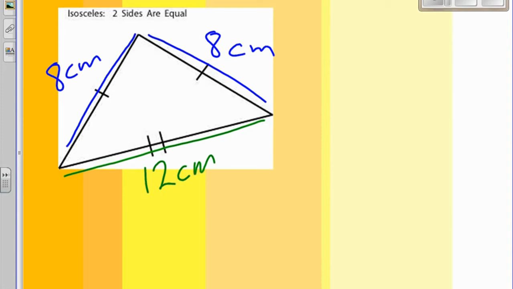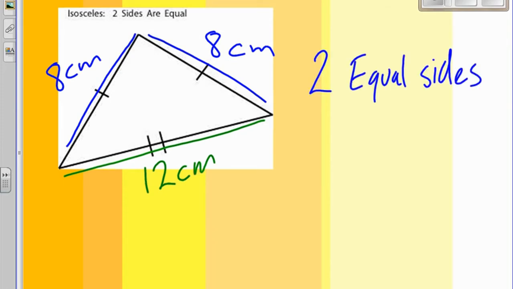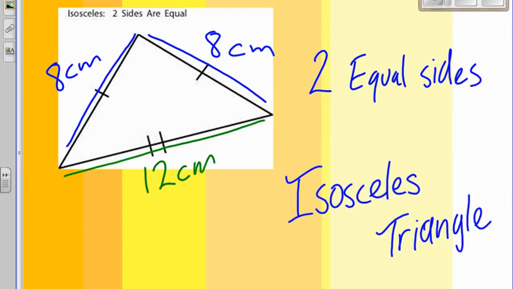So we can say any triangle that has 2 equal sides and does not have a right angle, we will call a what sort of triangle? It's got 2 equal sides and doesn't have a right angle. It is an isosceles triangle.